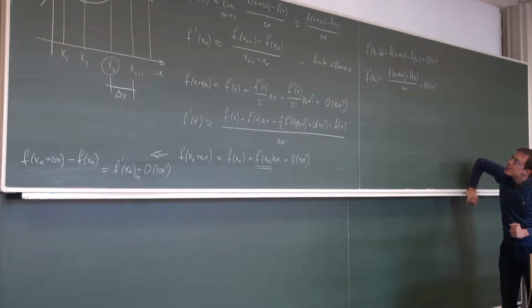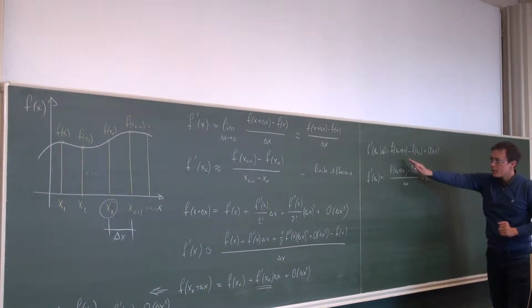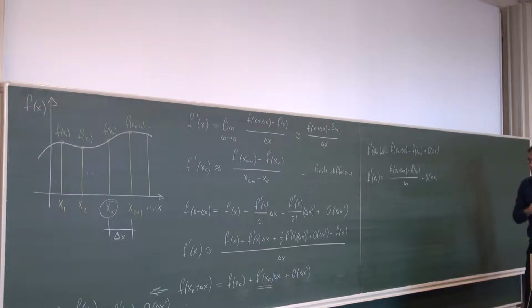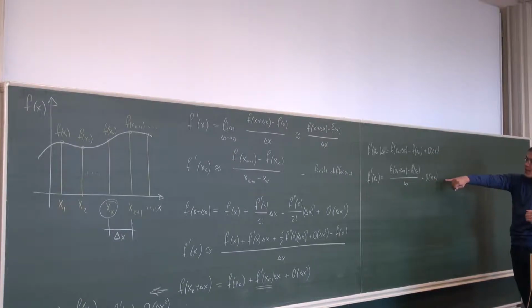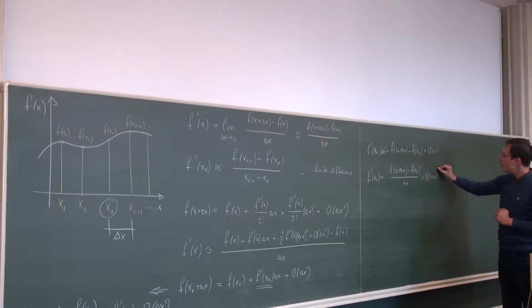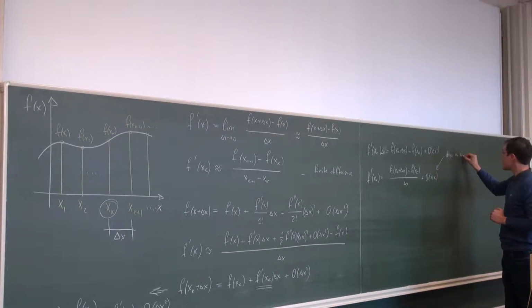And so what does this mean? This means that this approximation is accurate to this order in delta x, meaning that we don't actually know what this error is, we only know that it drops as delta x.